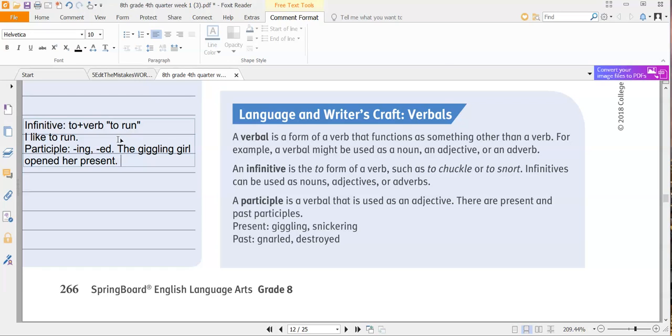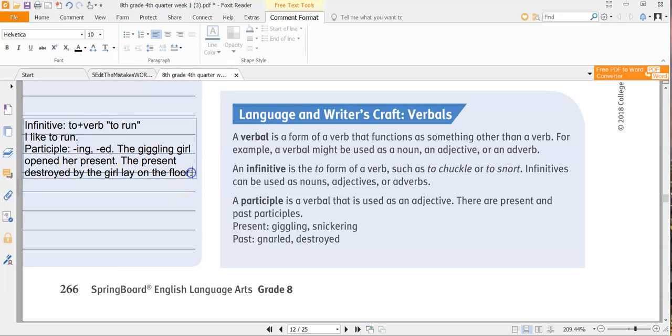Another example would be the present destroyed by the girl lay on the floor. So here I've used the ing version, and it's an adjective describing girl. And here I'm using the ed version, and it's used to describe present.